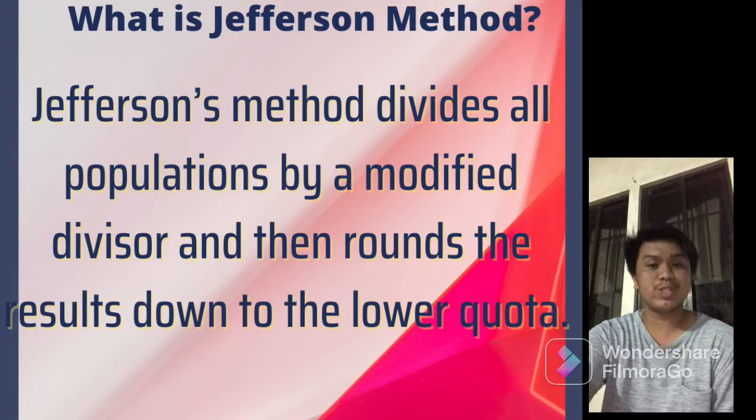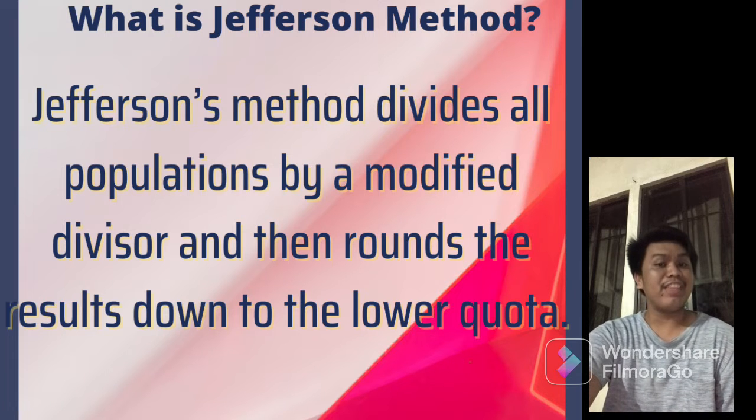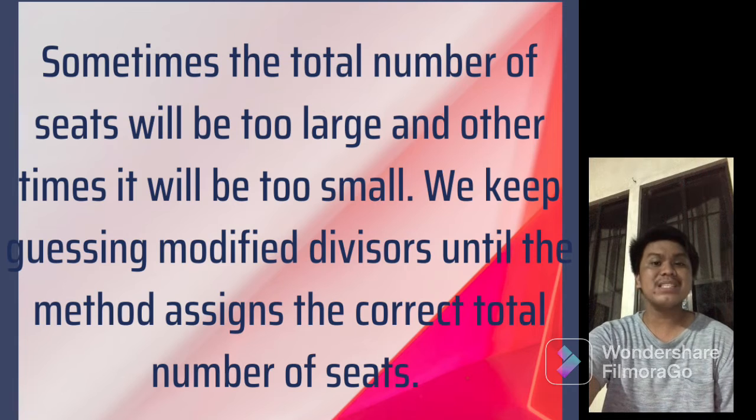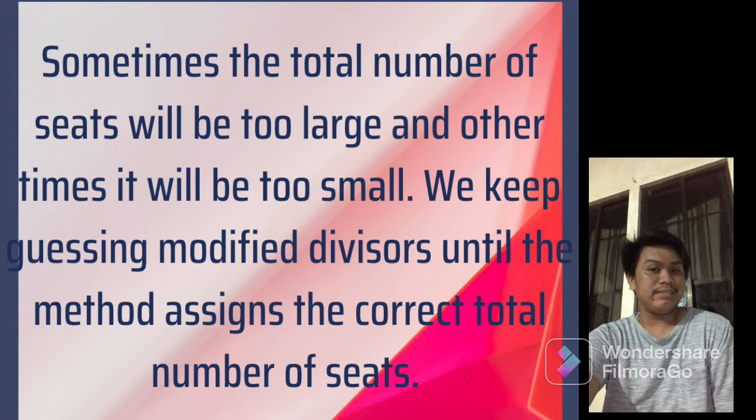What is Jefferson's method? Jefferson's method divides all population by a modified divisor and then rounds the result down to the lower quota. Sometimes, the total number of seats will be too large, and other times, it will be too small.